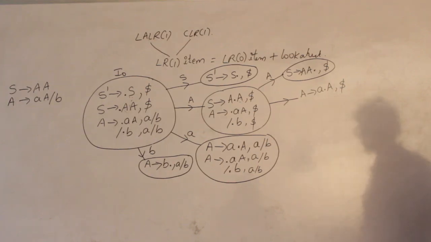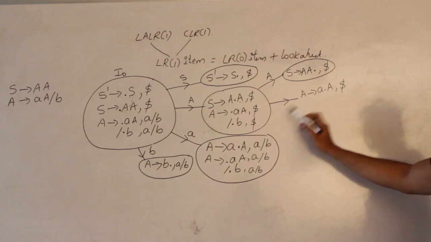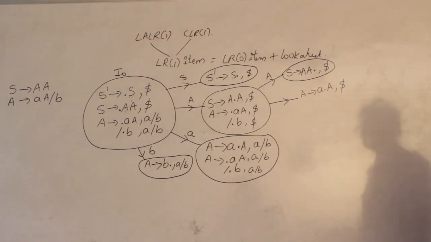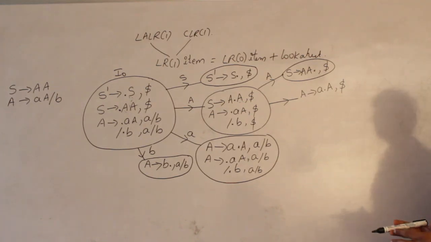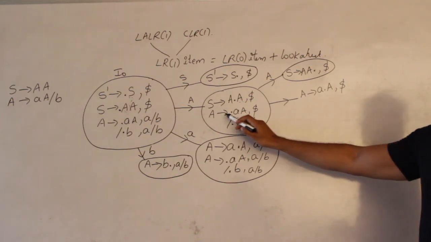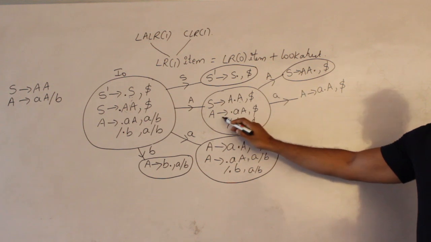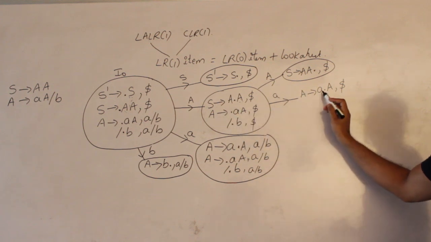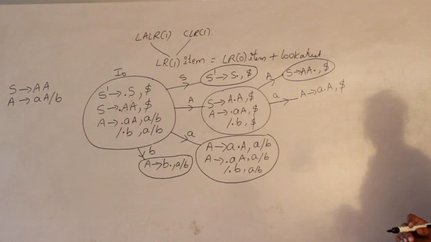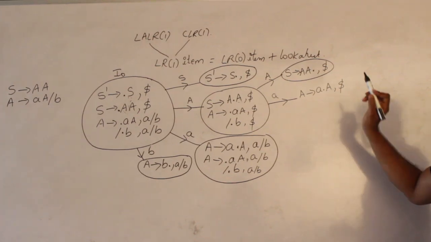Even though in terms of LR0 items they are the same, in terms of look aheads they are different, therefore they have to be split into different states. Now see this, on small a I am moving, A derives small a dot capital A, comma dollar, and now I have to add all A productions, right?